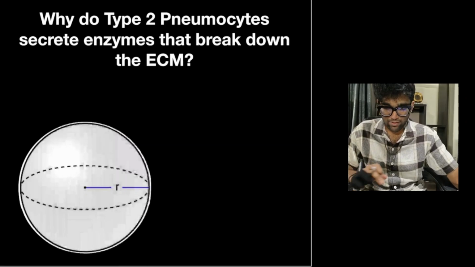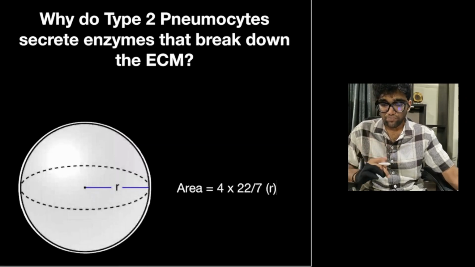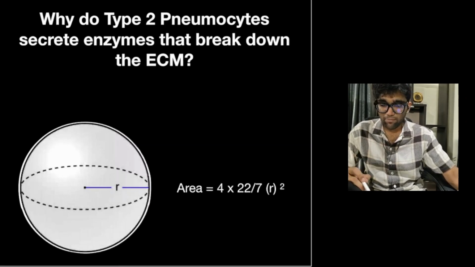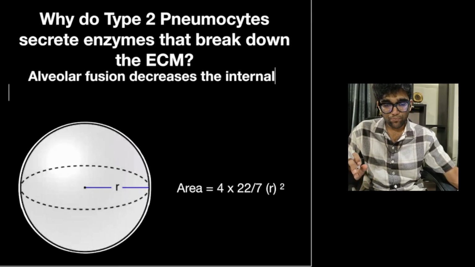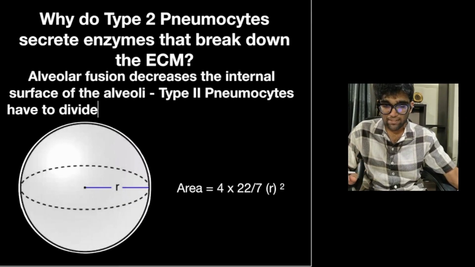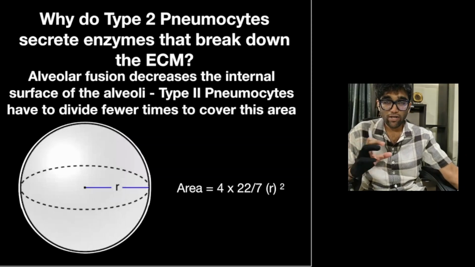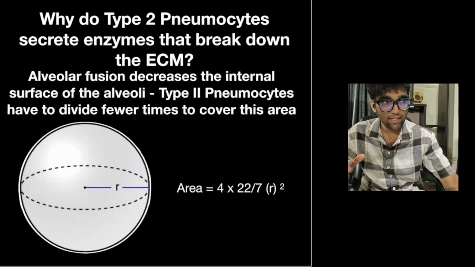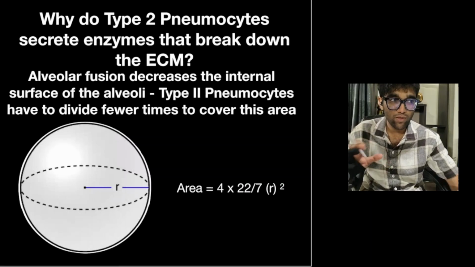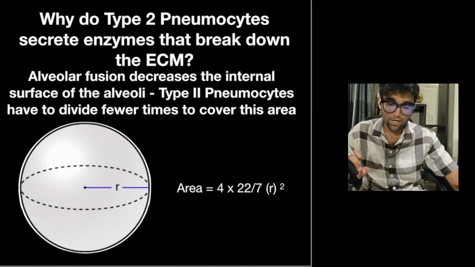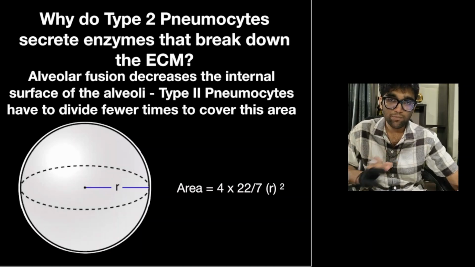So this is the radius of a sphere. The area of a sphere is given by 4 pi r squared, obviously. Okay, and what ends up happening is that when you fuse alveoli together, for a given volume, the effective area of the two alveoli actually decreases. So the type 2 pneumocyte now needs to divide fewer times to cover up this area.